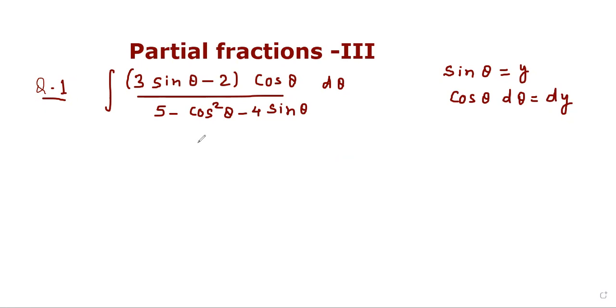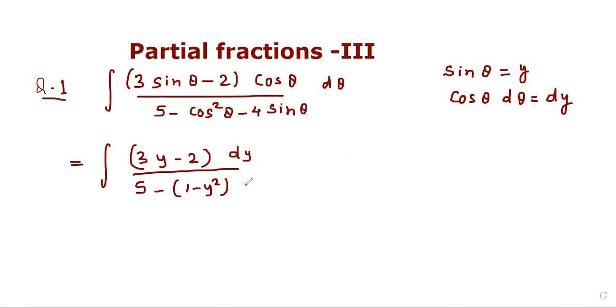So our question will become integration of (3y minus 2) dy divided by 5 minus (1 minus sin square theta, that is 1 minus y square) minus 4y. Now we simplify it.